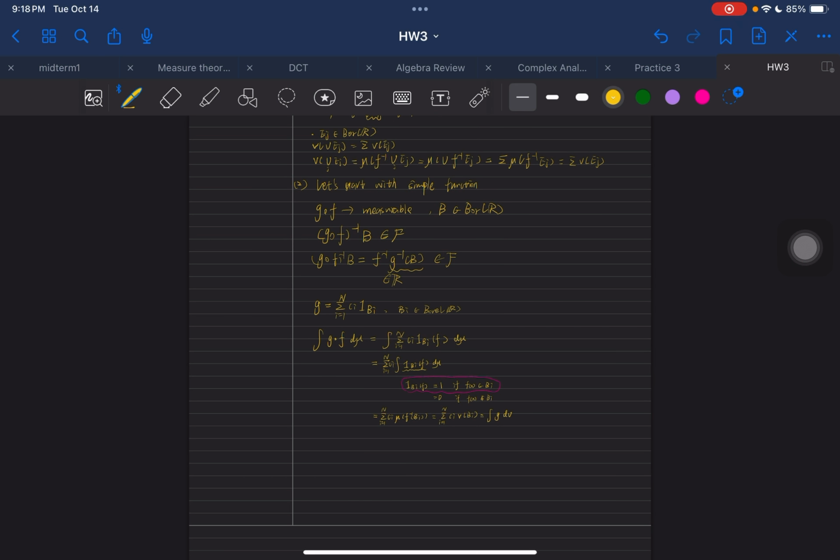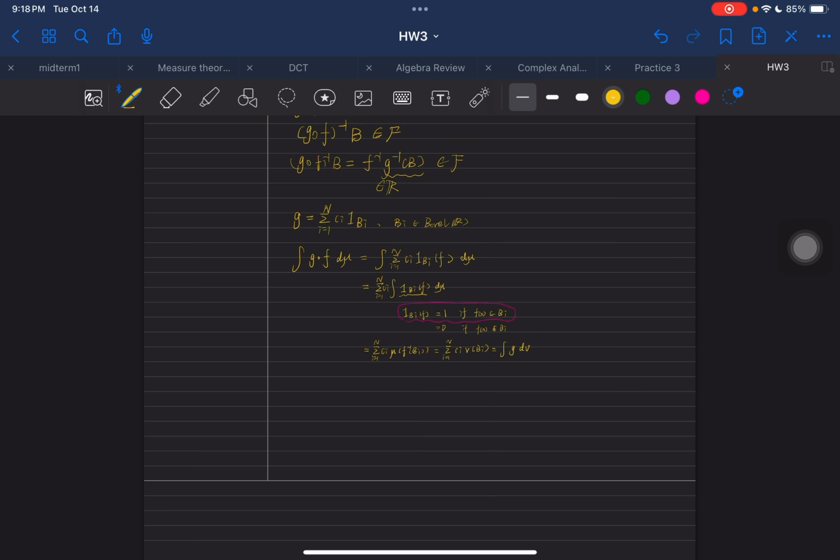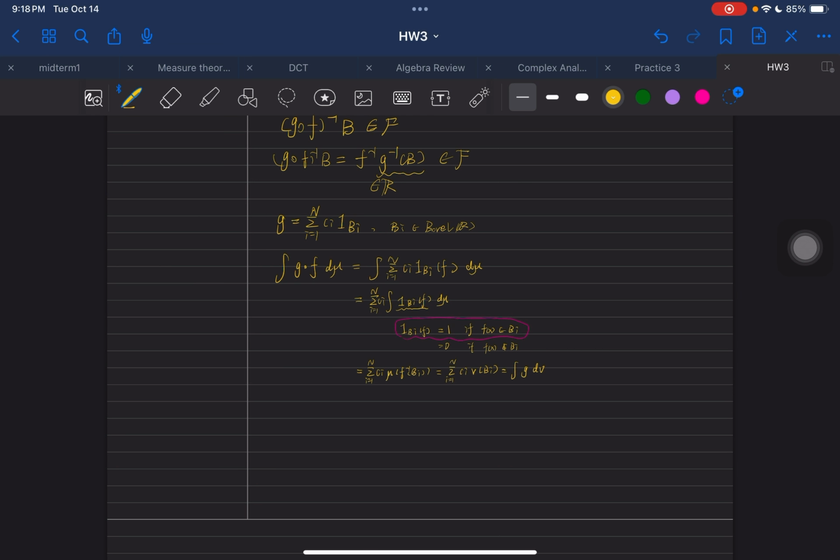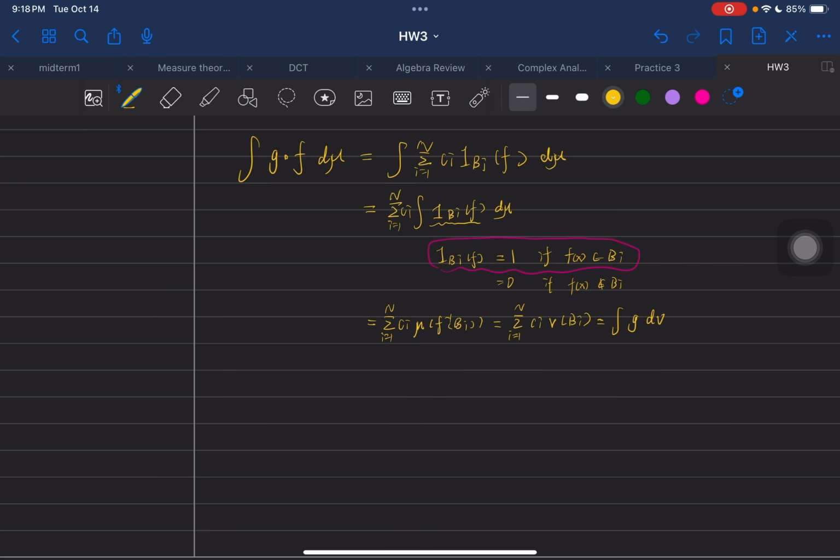So that's the case for simple functions. And if we have that, we can easily generalize the result to any other non-simple functions by choosing a sequence of increasing simple functions, and let g(x) equal the limit of those simple functions.